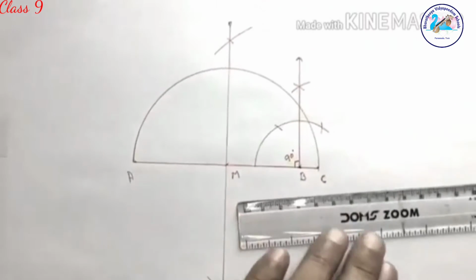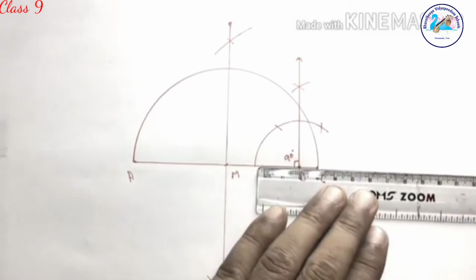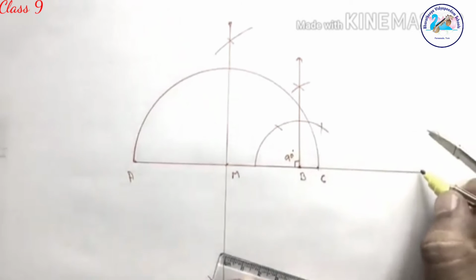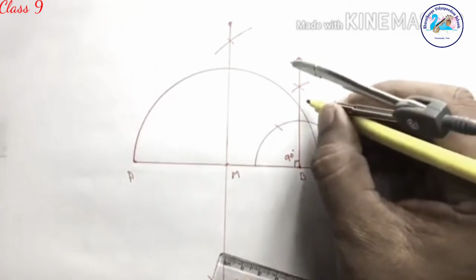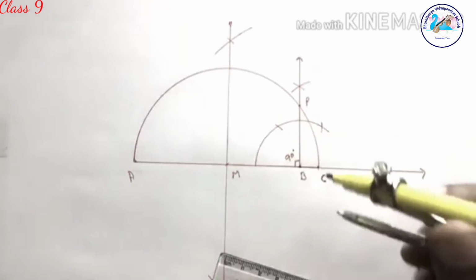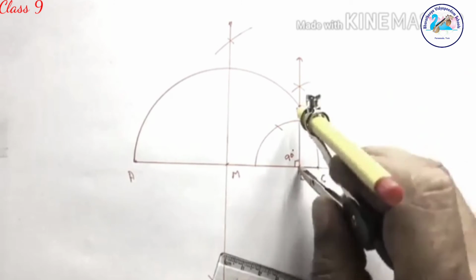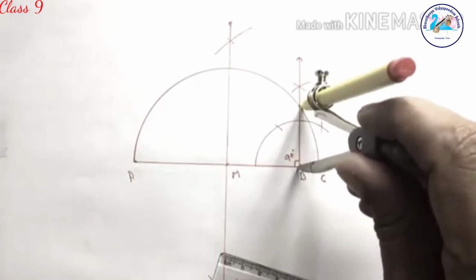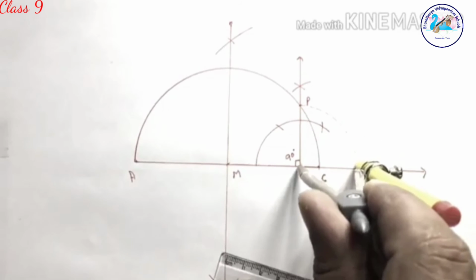Again, extend the line segment up to any length and label the point P. Take BP as the radius and B as center, and draw an arc from P to the line segment which you have drawn.